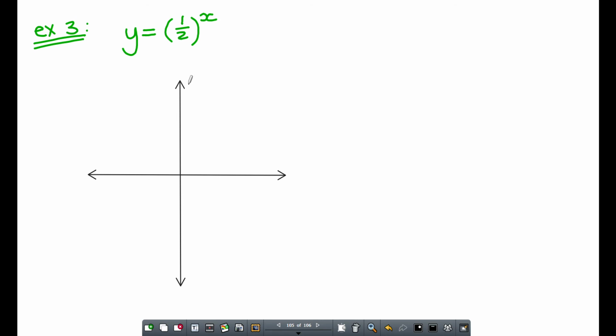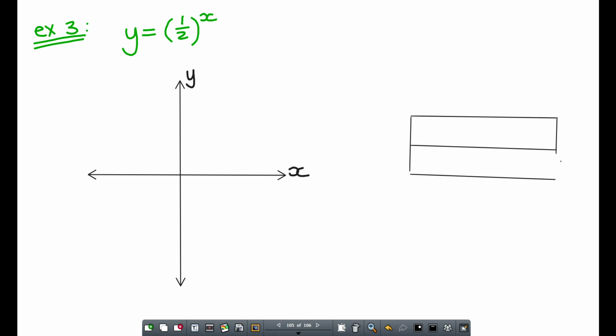Met ander woorde, dit gaan 'n dalende funksie wees, a decreasing function.